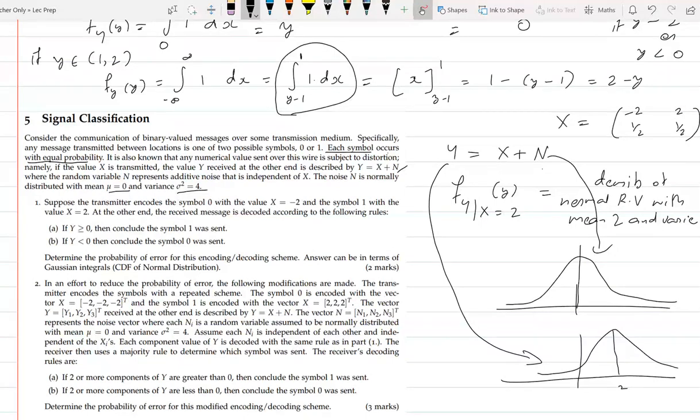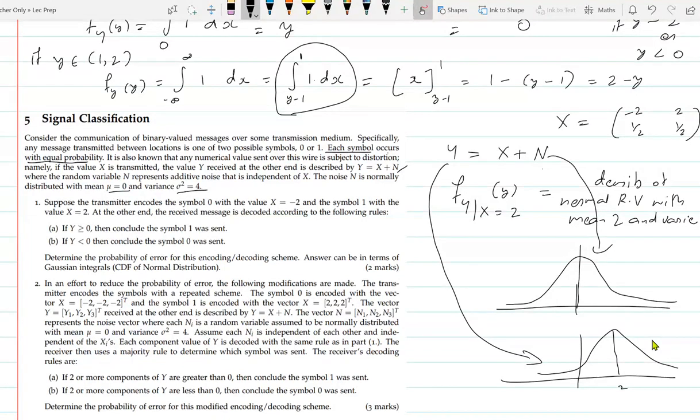And you know the formula for a normal random variable with mean 2 and variance 4. What is the probability density function? It is 1 by root 2 pi into 2, e raised to minus that formula. Just remember that formula; that formula will come here. Pictorially it will look something like this.